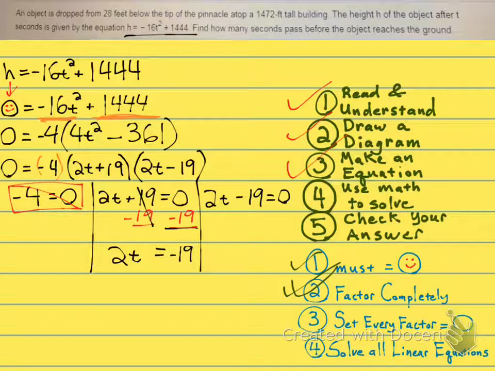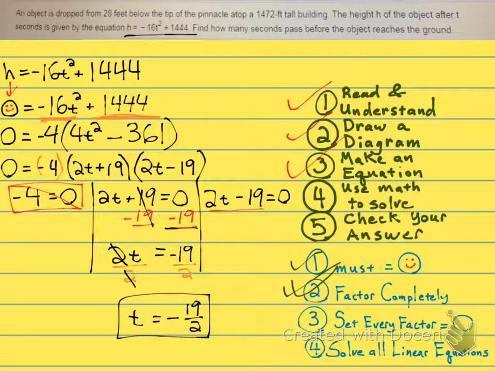One more step to get grumpy old t by herself. I'm going to divide out 2 on the left-hand side, and I'm going to divide the right side by the same thing. These turn into a 1, so t equals -19 over 2.